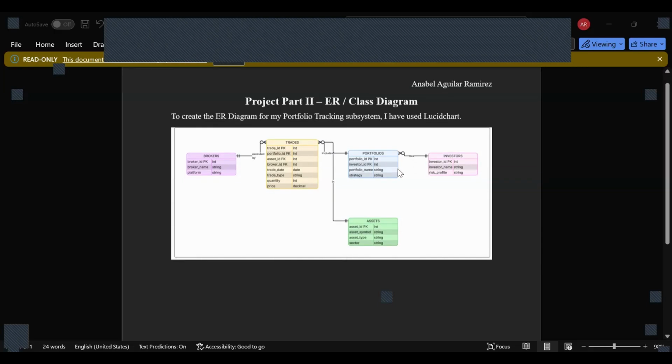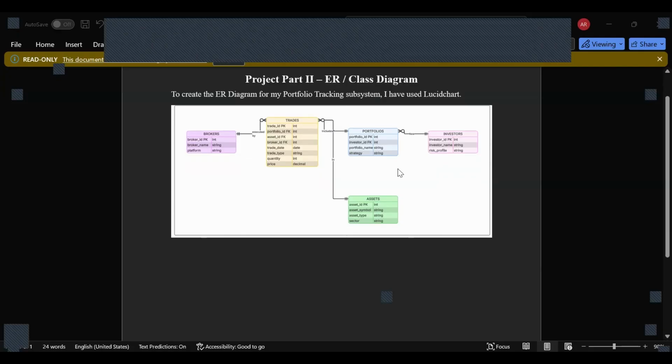Then in our assets table, this table stores financial instruments such as stocks, ETFs, or cryptocurrencies, and each asset has a symbol, asset type, and sector classification. I'm keeping the assets in a separate table to avoid repeating asset information in every trade.